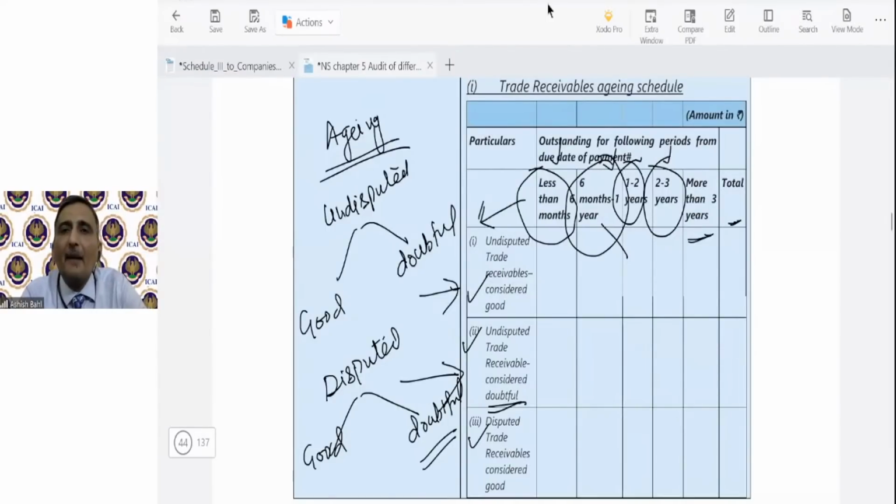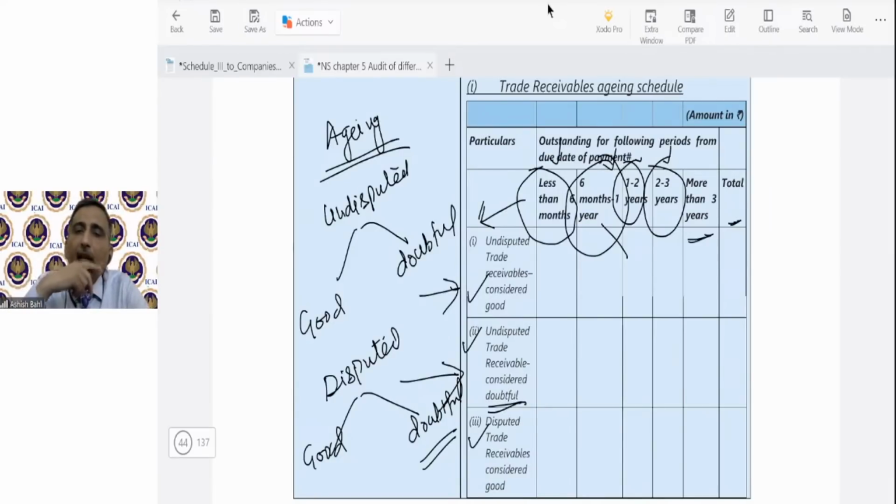Again I am repeating: less than 6 months, 6 months to 1 year, 1 to 2 years, 2 to 3 years, and more than 3 years. So five timelines, five time requirements are there.